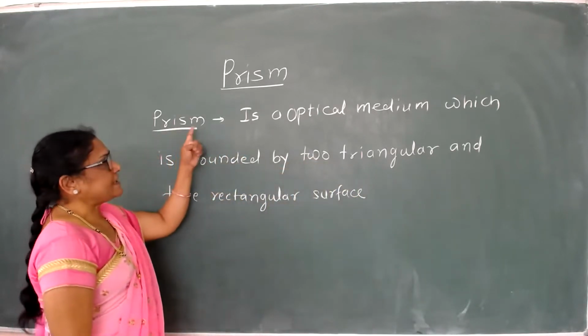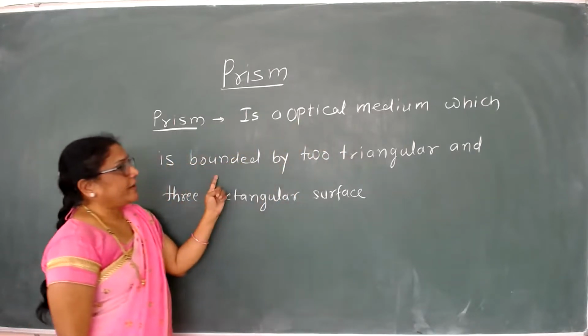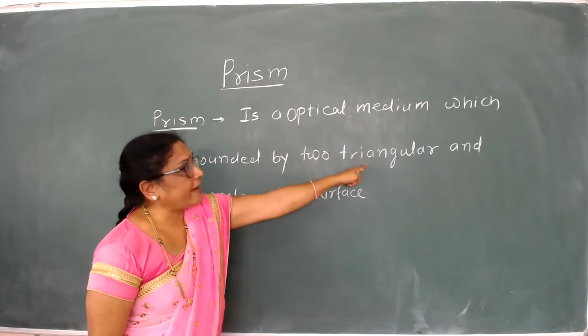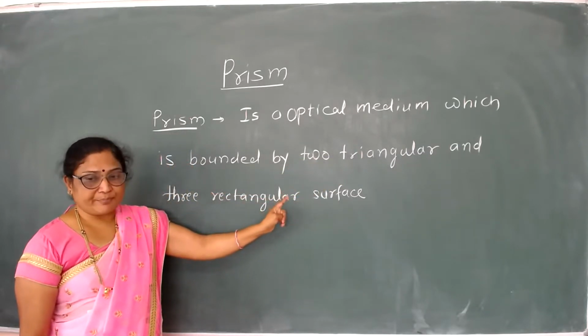See, prism is an optical medium which is bounded by two triangular and three rectangular surfaces. That is known as a prism.